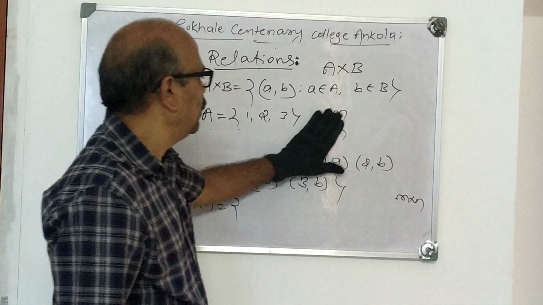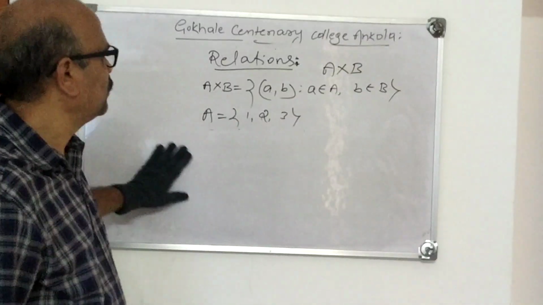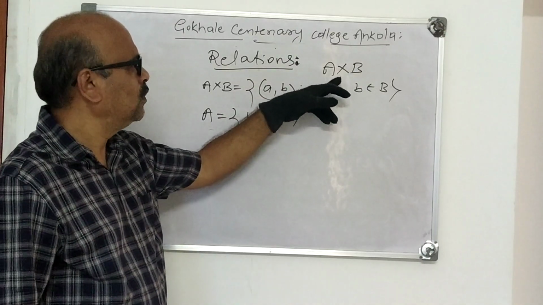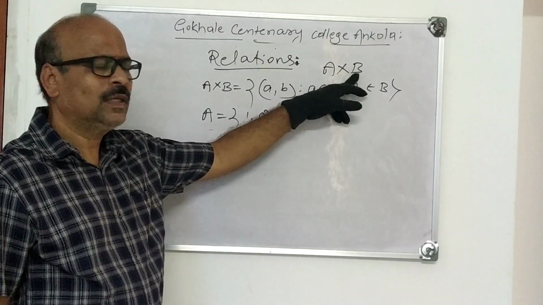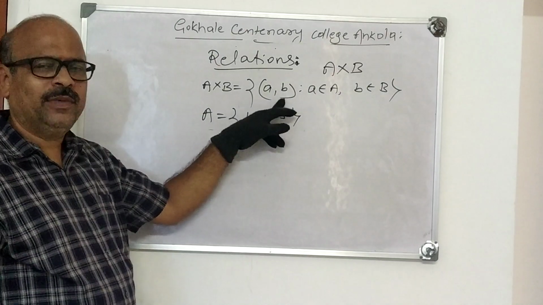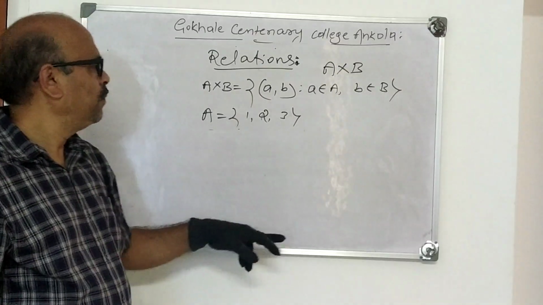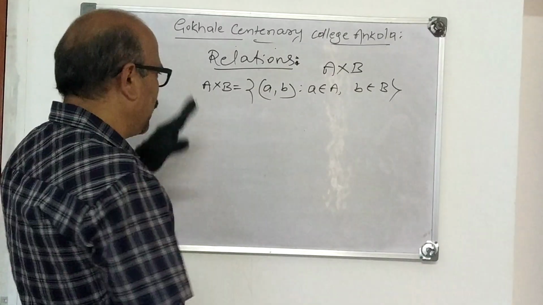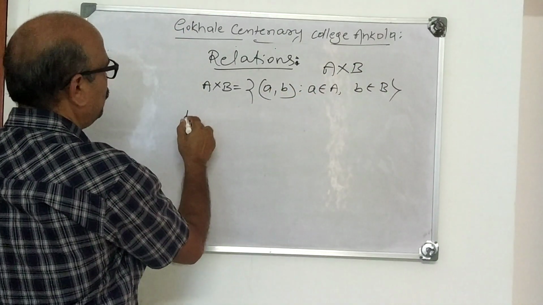Now, we define what is a relation. I think all of you followed what is the cross product of two sets. A and B are any two sets. Then A cross B is defined as the set of all ordered pairs (a, b) such that a belongs to A, b belongs to B. And I have provided one example also. Now, what is a relation from set A to B?